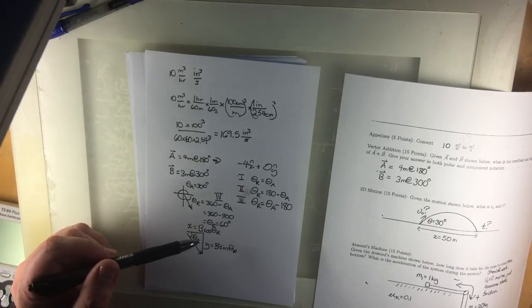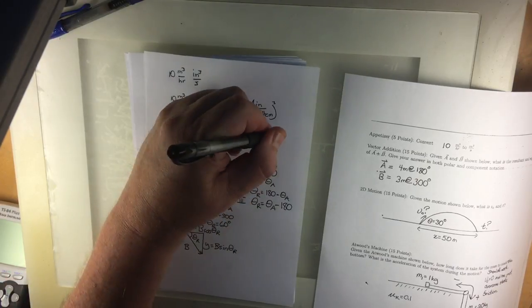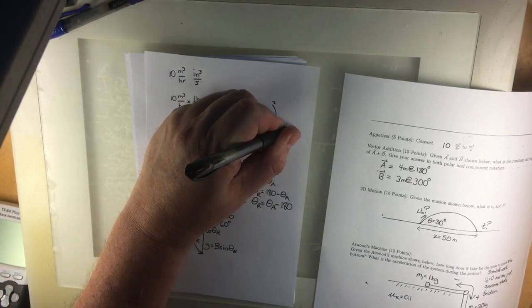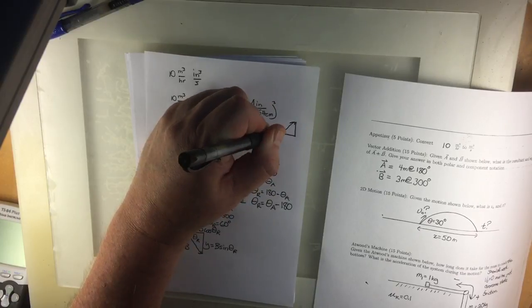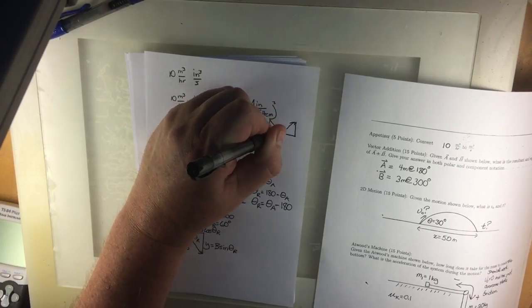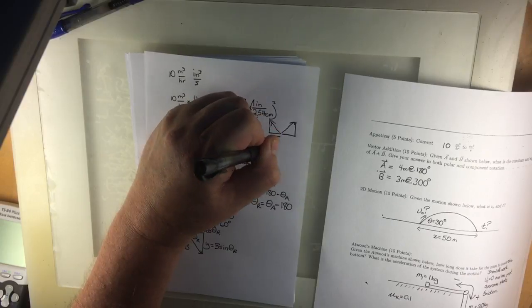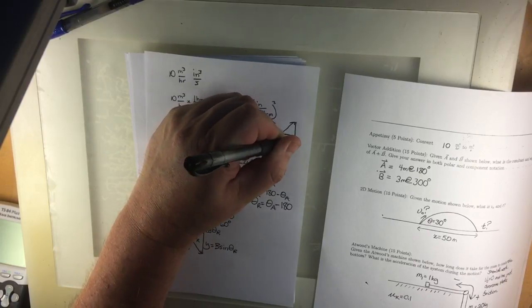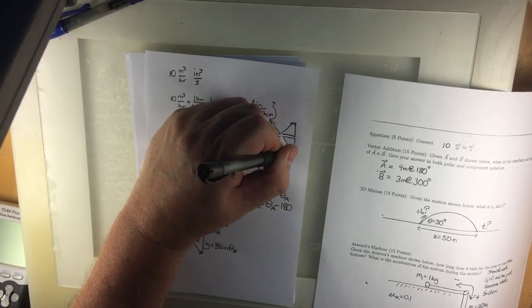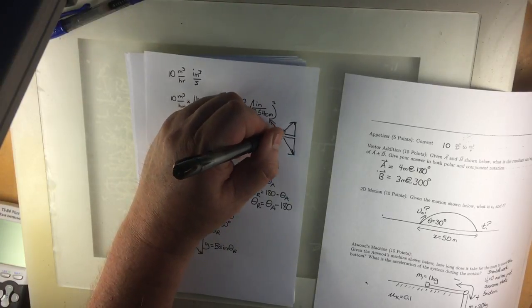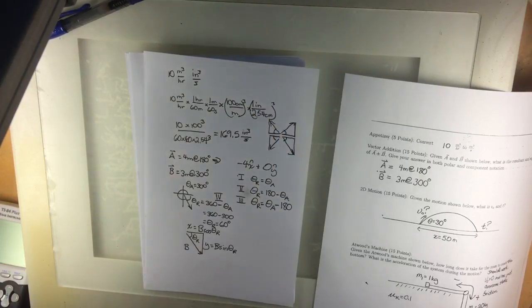The way that I've set things up is when I go, you always move x and then y, x and then y, x and then y, x and then y. In all four cases, regardless of the quadrant, the y is always on the opposite side and the x is always on the adjacent side.